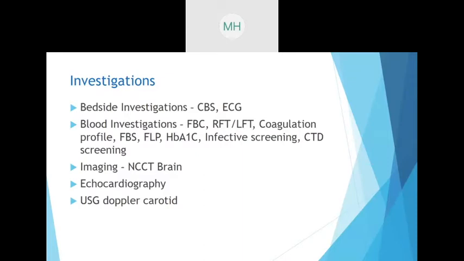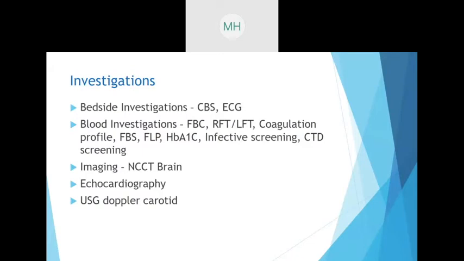RFT and LFT to rule out any metabolic cause of stroke, so patients with electrolyte imbalance can also come with neurological deficit. Coagulation profile, FBS, FLP, and HbA1c are more on the risk factors. Infective screening, why? Because patients with infection, for example hepatitis or syphilis, can predispose to thrombosis as well as vasculitis syndrome. Similarly, CTD screening.